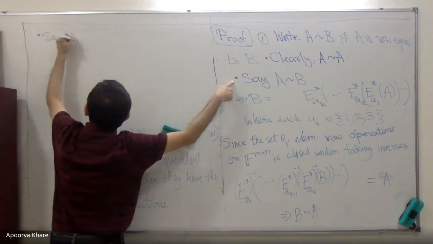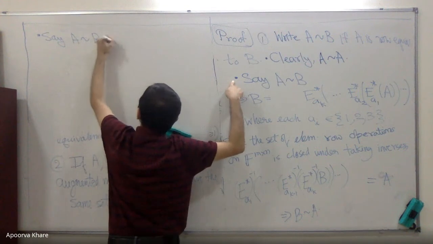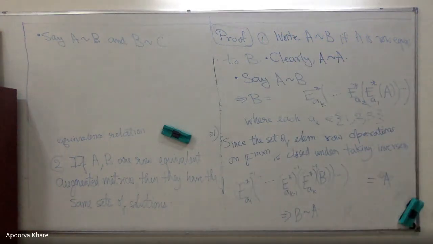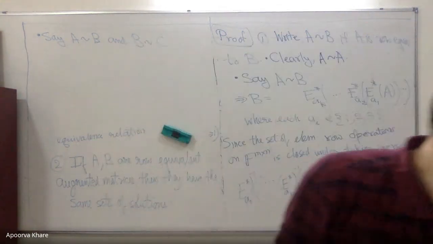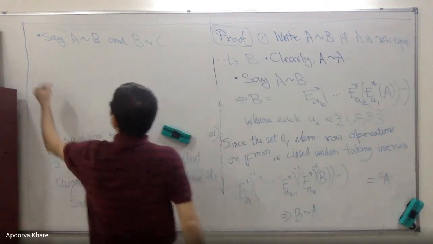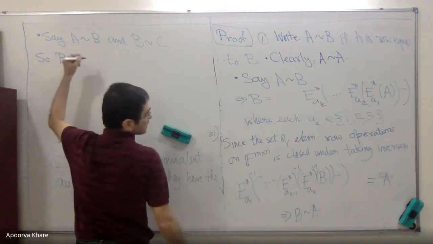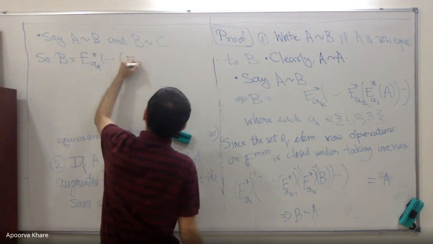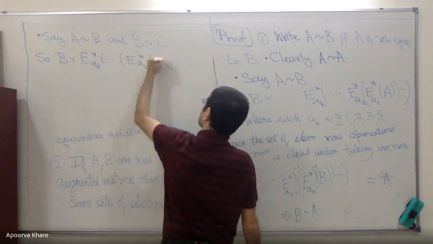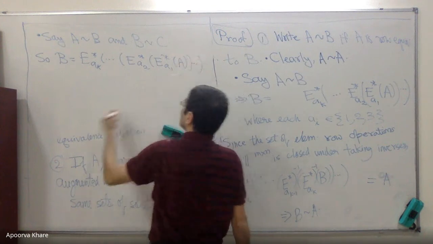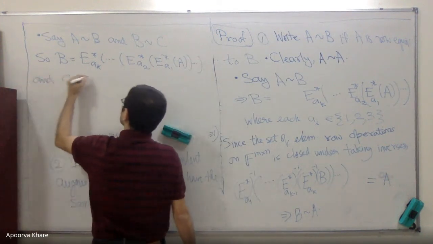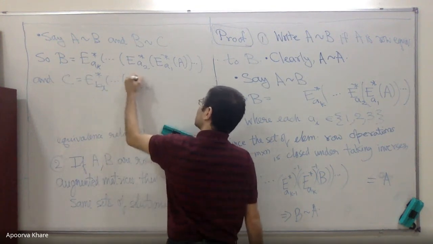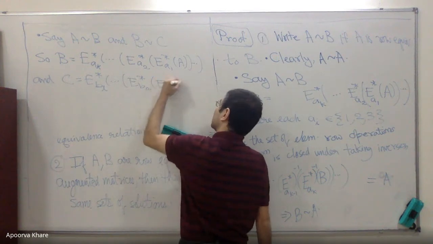Say A is row equivalent to B, and B is row equivalent to C. So that means that there exist elementary operations such that B equals E_AK star, ..., E_A2 star, E_A1 star applied to A, and C equals E_BL star, let's say, ..., E_B2 star, E_B1 star applied to B.